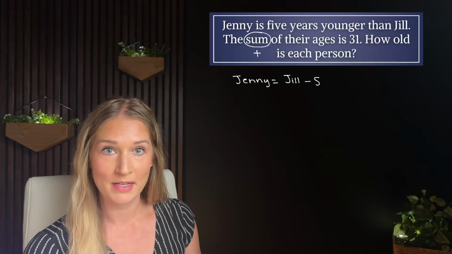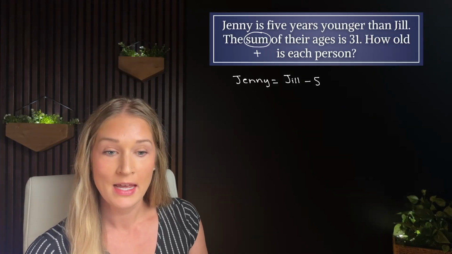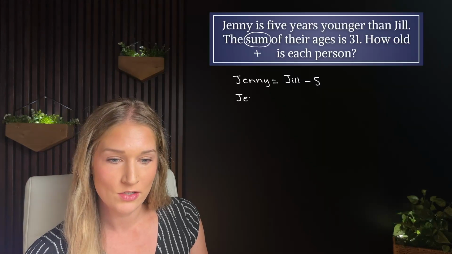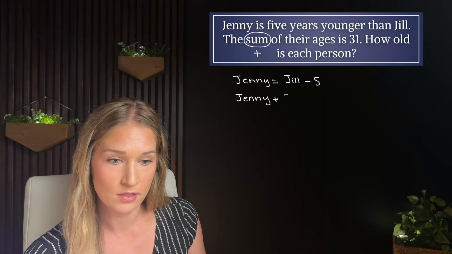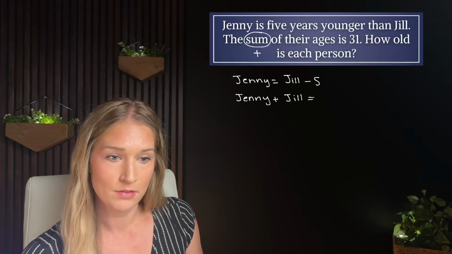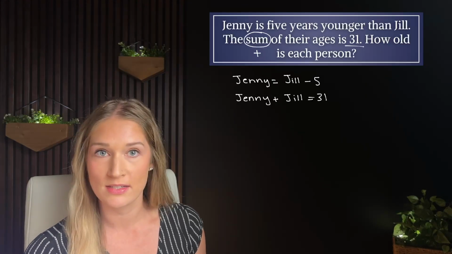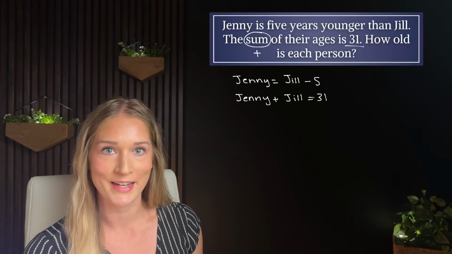So now I'm on to my second relationship between the two of them, and that relationship is adding. So I'm going to add their ages. So Jenny plus Jill is going to equal 31. And then they want me to figure out, using just these two pieces of information, how old each person is.